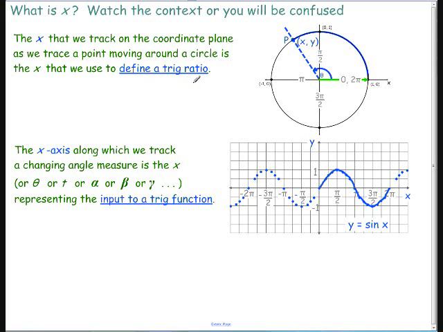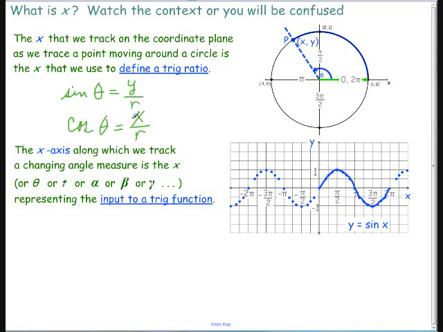That's how we define a trig ratio when we say, for example, sine of theta is the y value over the r. Or if I were going to be consistent with talking about x, the cosine of theta equals x divided by r.